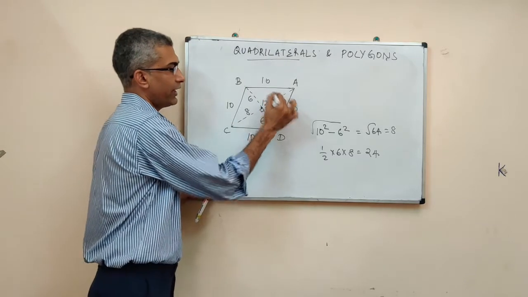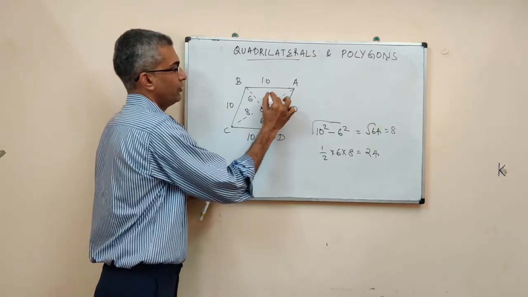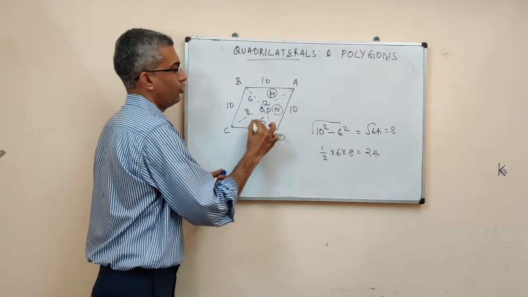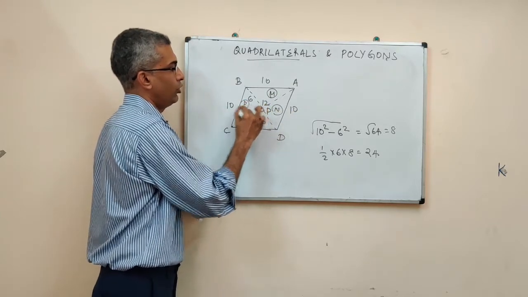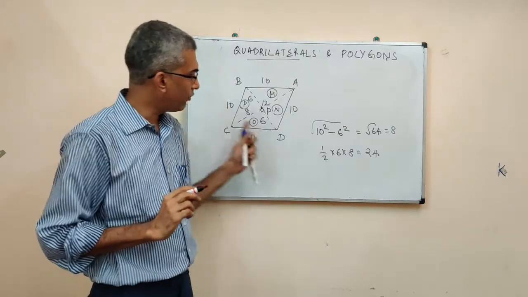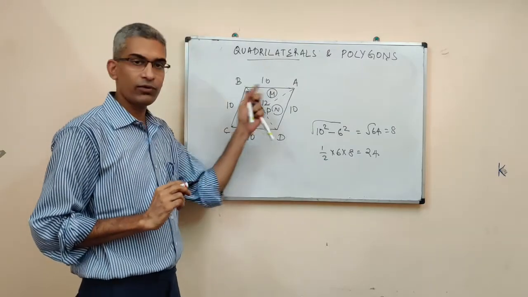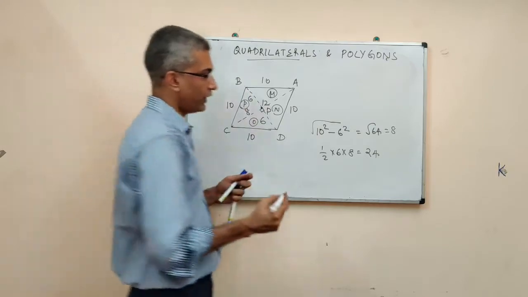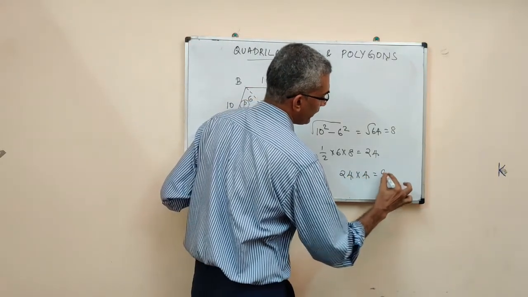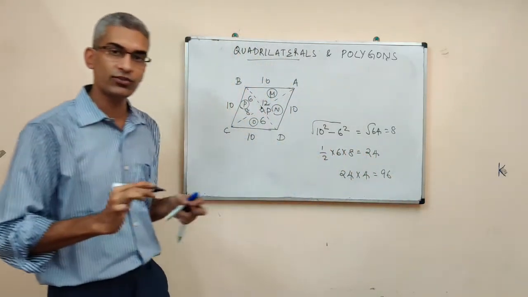All these triangles, let me call them M, N, O, and P, are identical. So once you find the area of one triangle, it is a matter of multiplying that with 4. So the area will be 24 into 4, which is 96. Total area will be 96 centimeters square.